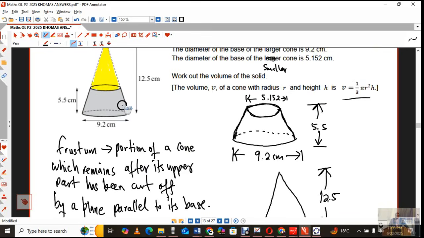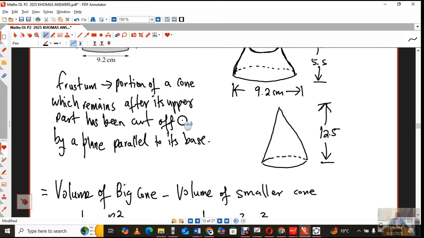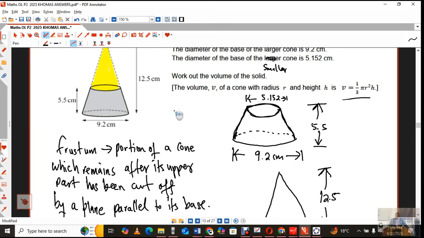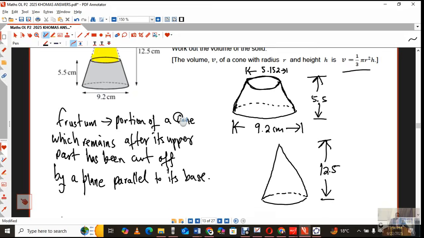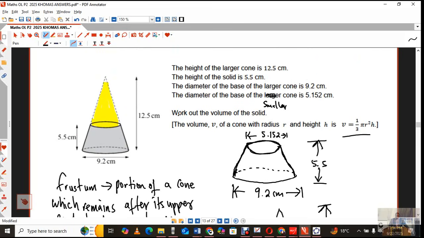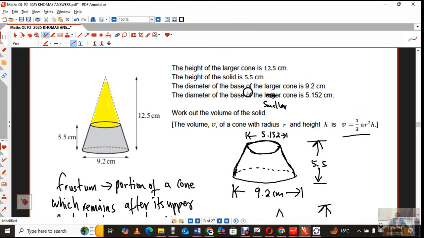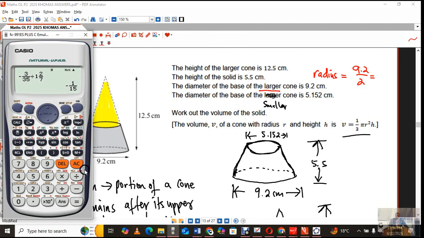The big one has a diameter of 9.2. One more thing, you have the diameters given, so you need to calculate the radius. Let me write over here the radius of the larger cone. The radius will be 9.2 divided by 2. I hope you're with me on that. So you take 9.2, divide it by 2, and that gives you 4.6.